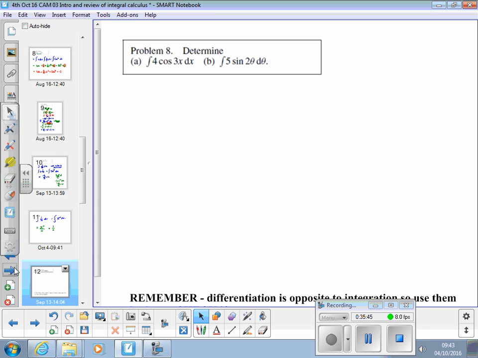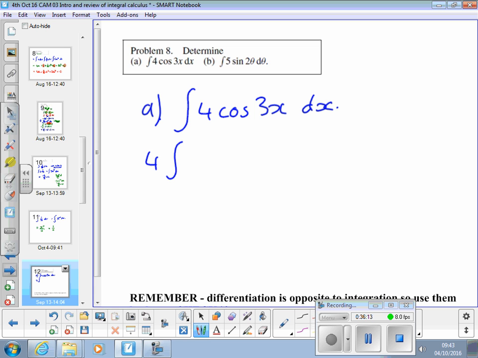So, the integral of 4 cos 3x with respect to x. Again, we can apply the constant multiplier rule, so that it is 4 times the integral of cos 3x dx.